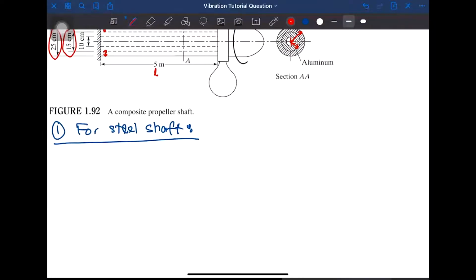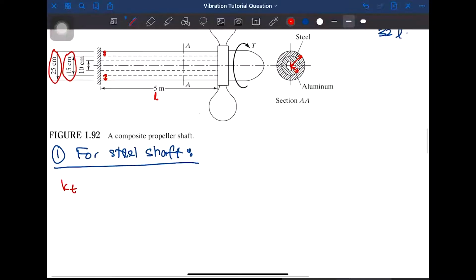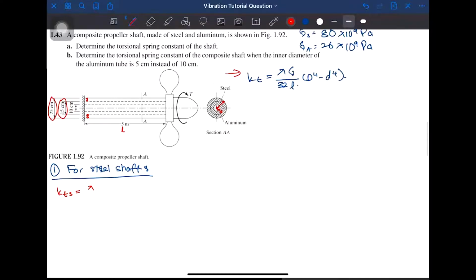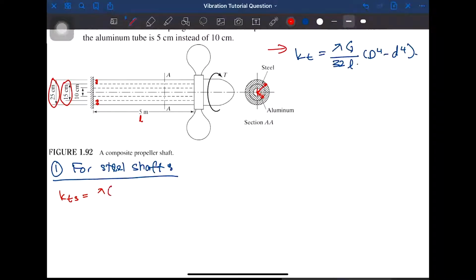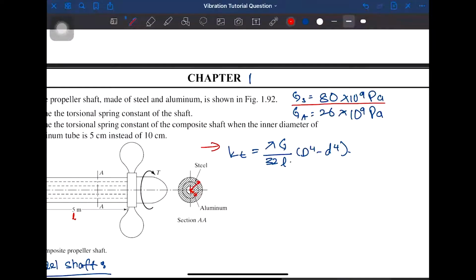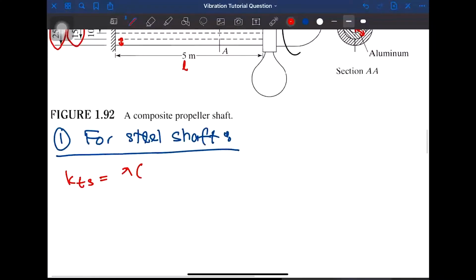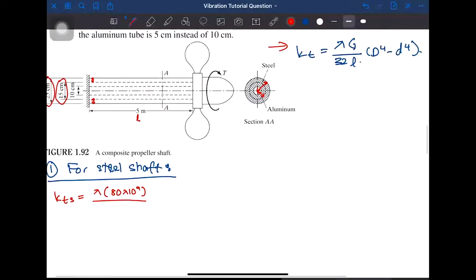I'm going to call it KTS, the torsional stiffness for the steel, which equals pi times the G. The G for steel is 80 times 10 to the power of 9 Pa. So put it here, 80 times 10 to the power of 9, divided by 32 times the length, 5 meter, and then times the difference between the big diameter and the small diameter to the power of 4.